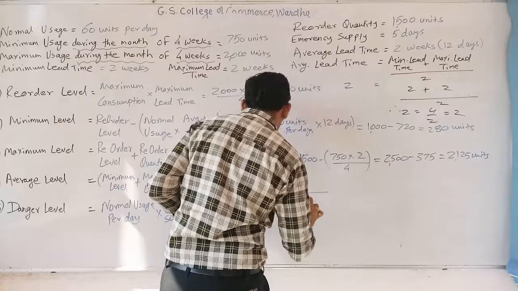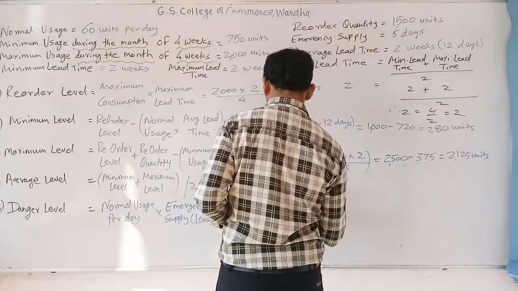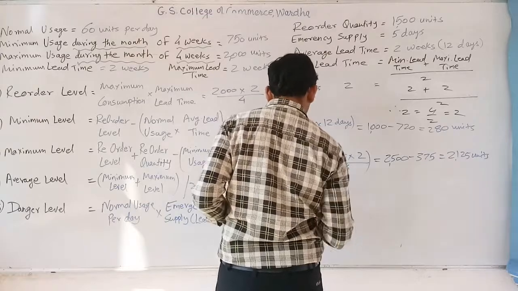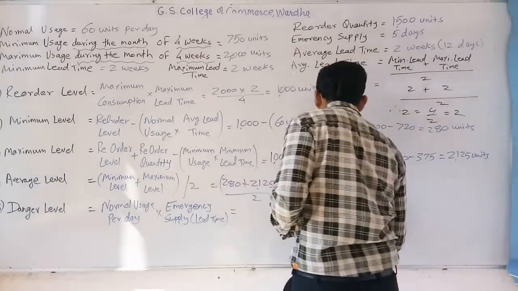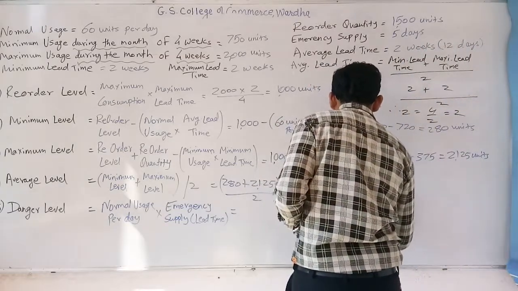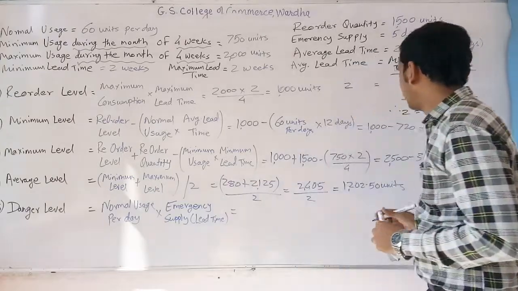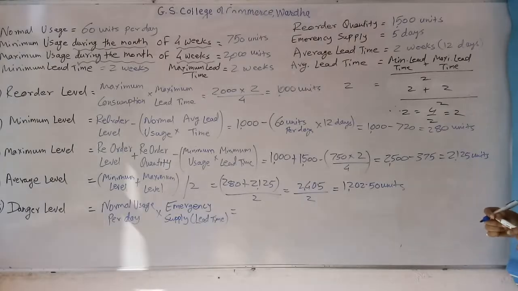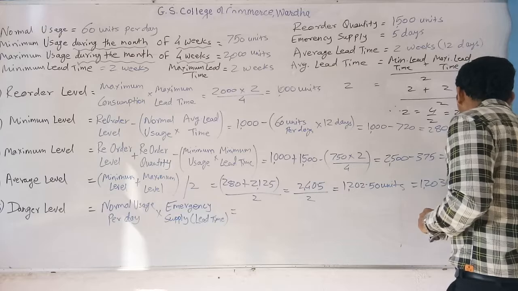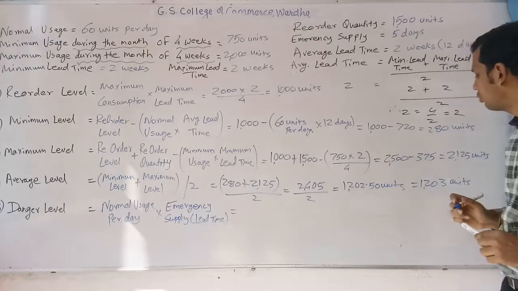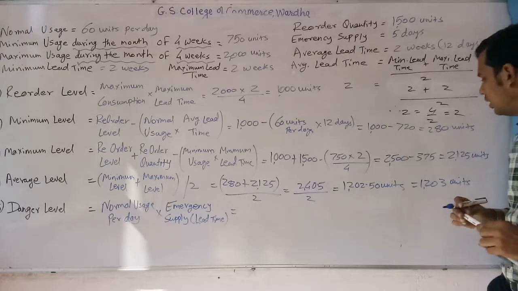We simplify it, that is 2405 divided by 2, and we get 1202.50 units. As units cannot be counted in fractions, we can round it down or up. I would round it up as it is at 0.5. So we get our average level as 1203 units.